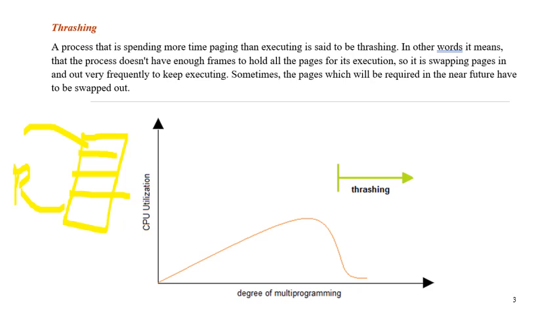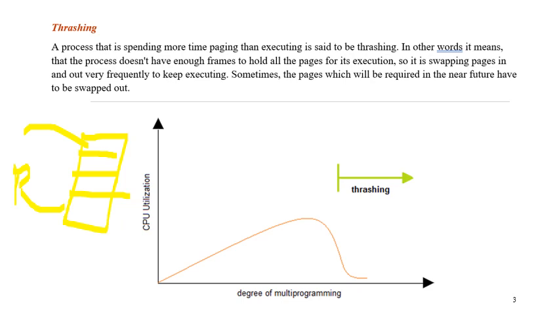A process scheduling scheme which swaps in more processes when CPU utilization is low also causes thrashing. As you can see in the graph of the degree of multi-programming against CPU utilization, at this particular point thrashing begins.